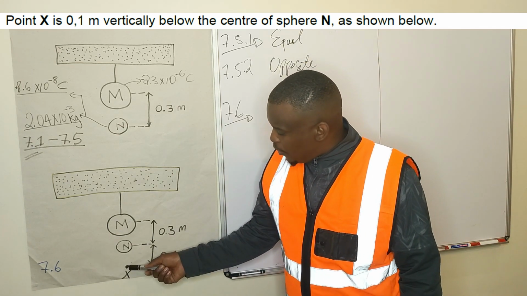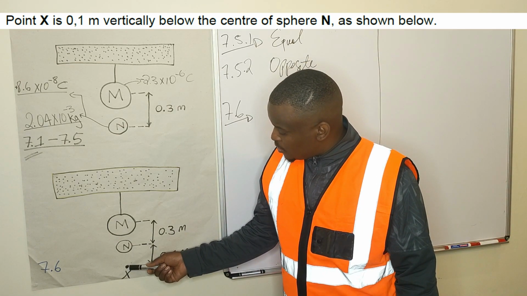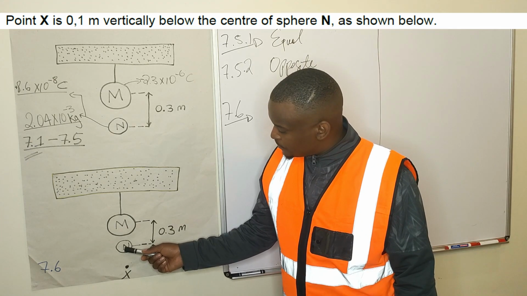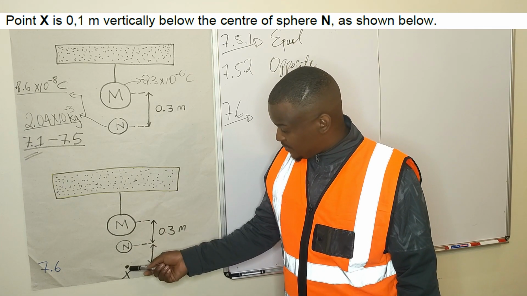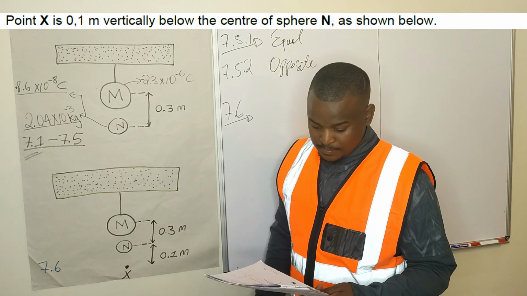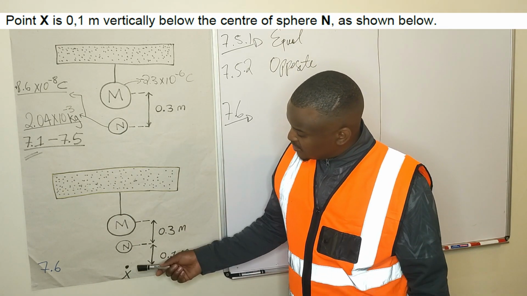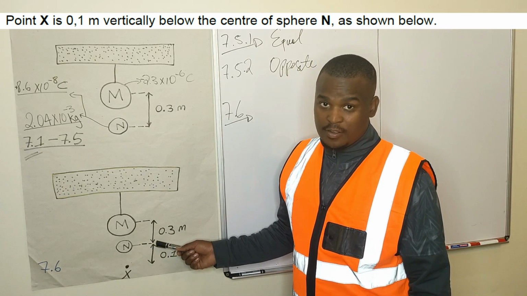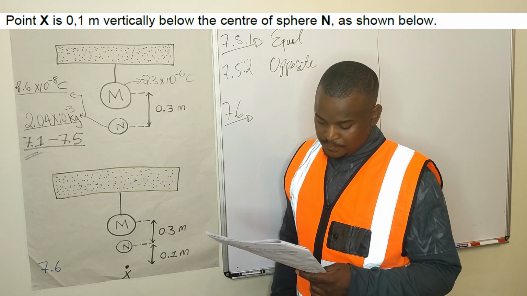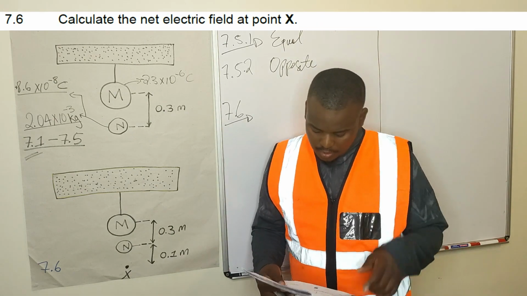And this point is 0.1 meters from the center of sphere N. Let me read this again.